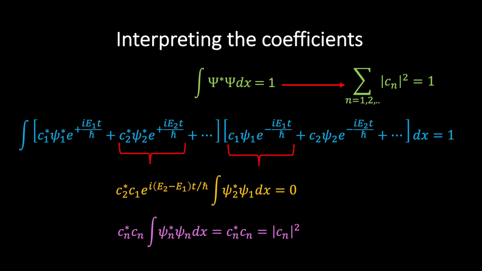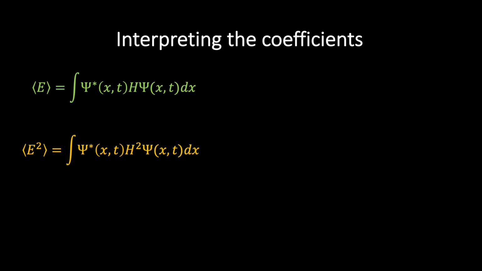To gain a bit more insight, let's calculate the expectation values for the energy and energy squared corresponding to this general wave function. As we've already seen, we can calculate the expectation value of the energy using the following green equation, and we can calculate the expectation value of the energy squared using the following yellow equation.